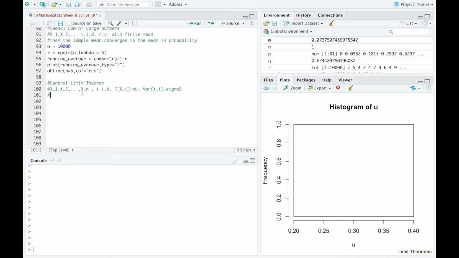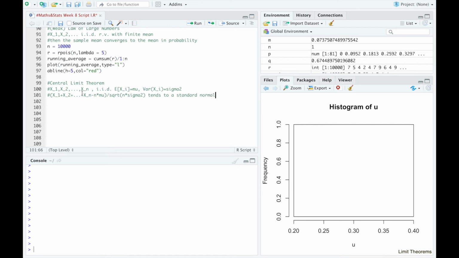And the central limit theorem says that the sum of all these Xn minus n times the mean, divided by the square root of n times the variance, tends in some sense to a standard normal.